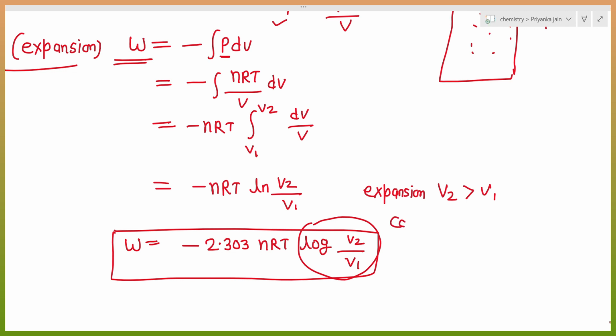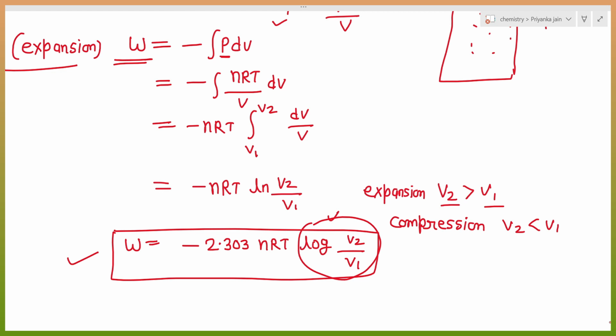Whenever compression is given, this formula will automatically change the sign, because V2 is lesser than V1, so this term will be negative and the whole term becomes positive. So you only have to put the values of V2 and V1, and you will automatically get the sign. This is the formula for the work done in an isothermal reversible expansion or compression.